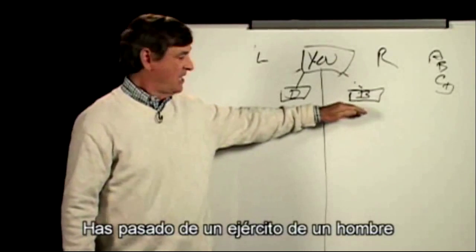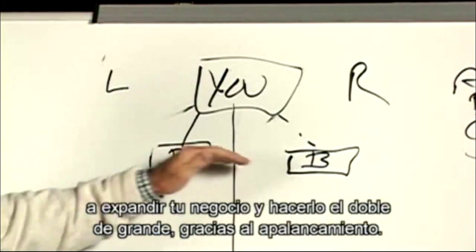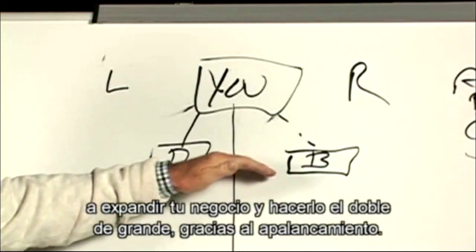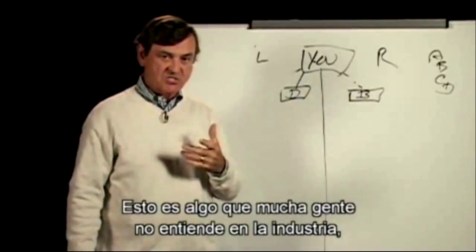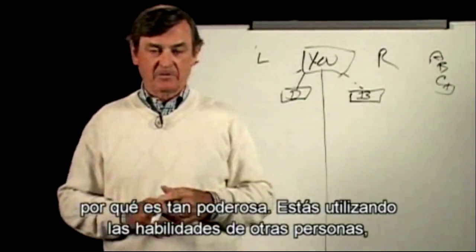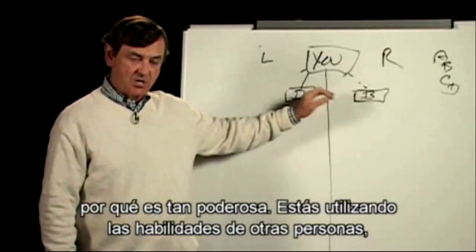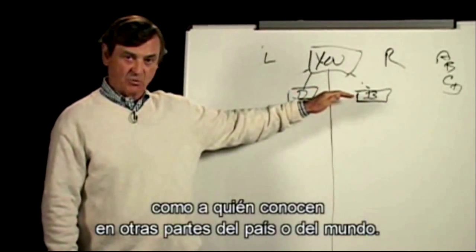All of a sudden, you've gone from a one-man army to where you've expanded your business to twice as big through the leverage of other folks. And here's something else that a lot of people don't really understand within this industry about why it's so powerful: you're leveraging off of other people's skill sets, and who they might know in other parts of the country or the world.